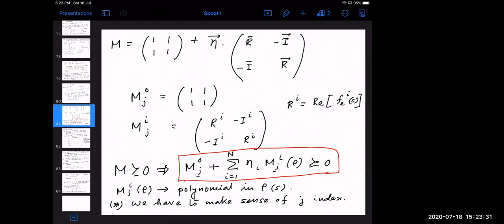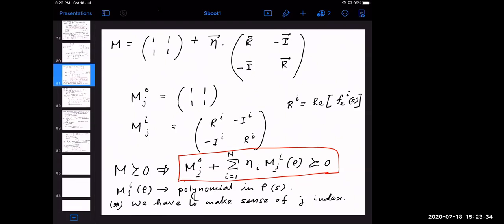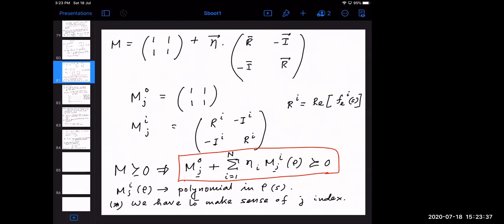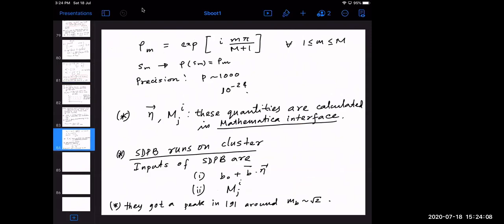People also did this detailed analysis for pion scattering, and there is a detailed numerical exploration only in the case of pion scattering. You now have to add the global symmetry, for example SO(3), because there are pi naught, pi plus, and pi minus, so there are global symmetries you have to take care of.